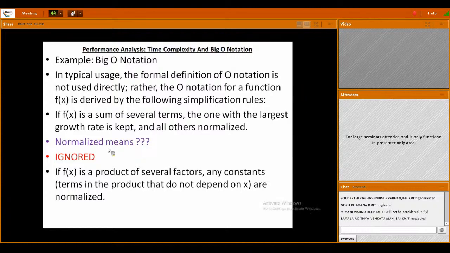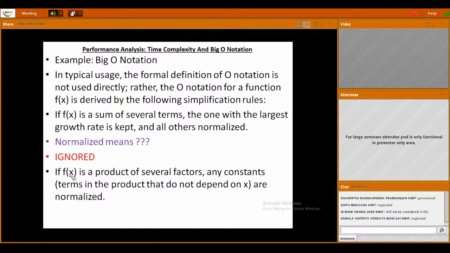So fx is a product of several factors. Any constants, that is, the terms in the product that do not depend on x, right? Fx is the function that is going to depend on x. The constants are not going to vary the function. The loop time is not going to change if the initialization of the index value is 0.